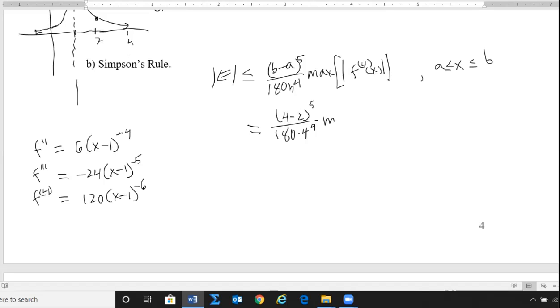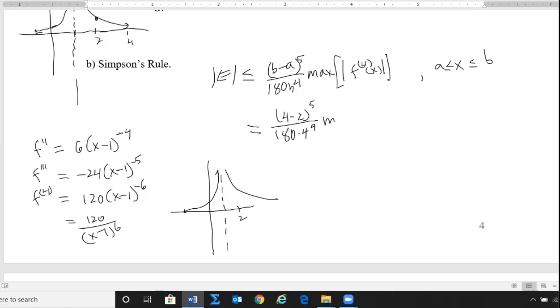Okay, now we have a similar situation. We want to find the maximum of this. There's an asymptote at 1, and it's the same thing as 120 over x minus 1 to the 6th. So it's positive over here, heading down, and it's also positive over here, heading down.